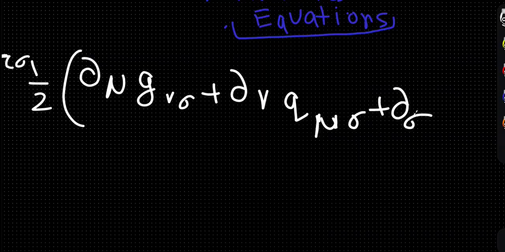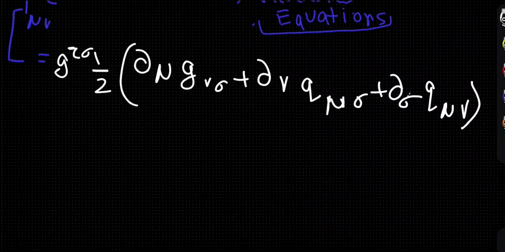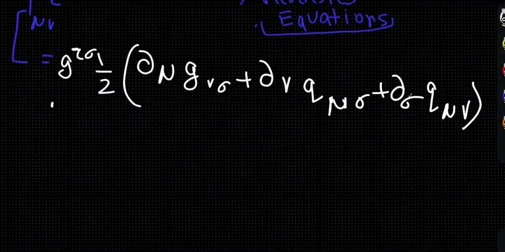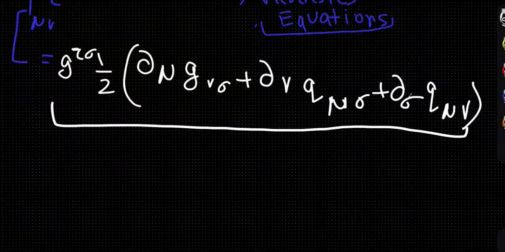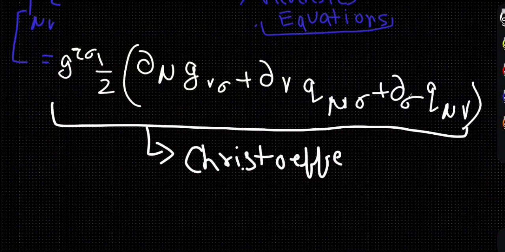I'm saying sigma, writing mu. I don't know what happened to me. So this long looking equation is what is known as the Christoffel symbol.